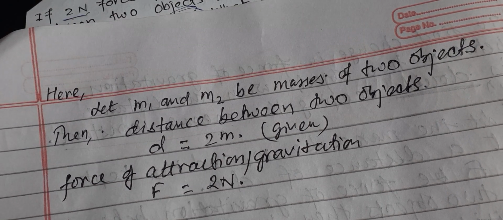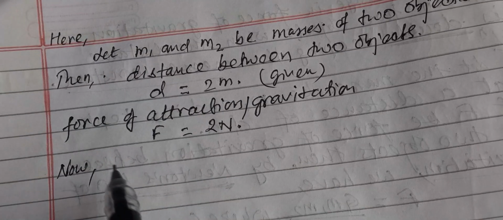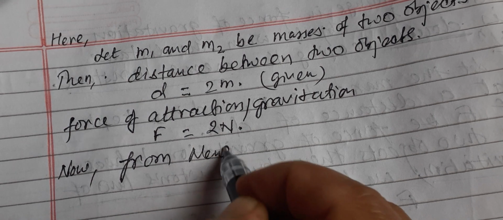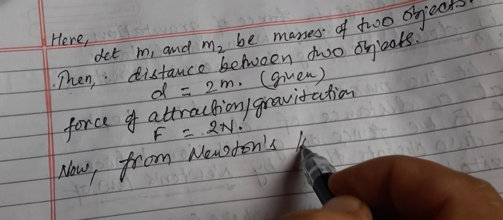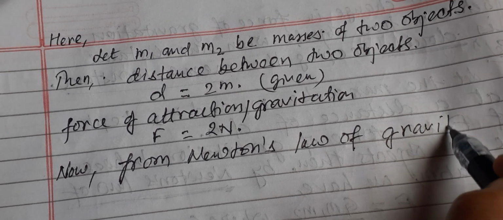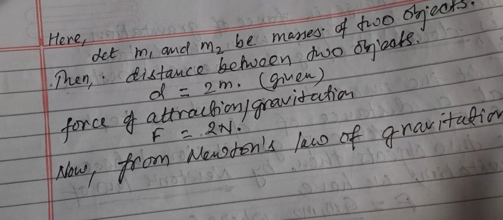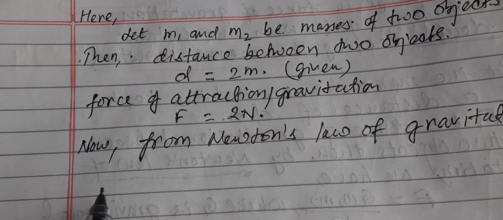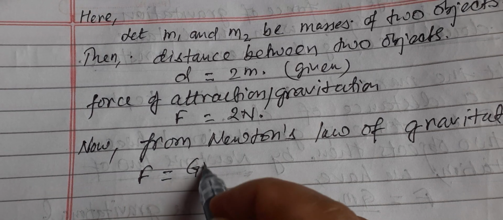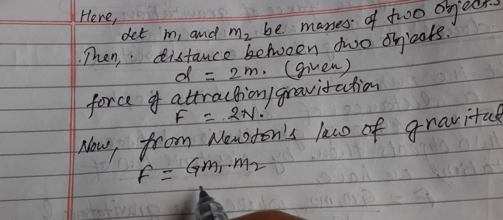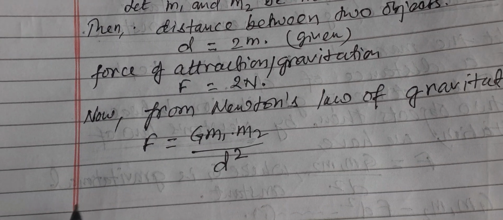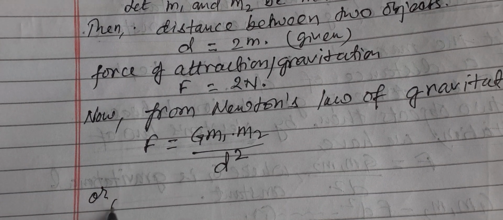Now from Newton's law of gravitation, F equal to G times M1 times M2 whole divided by square of the distance, d square. So now we put the values given.